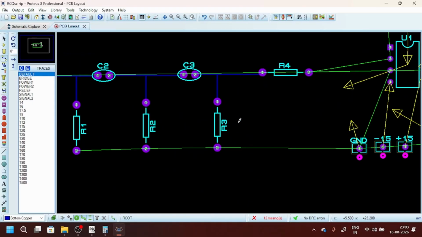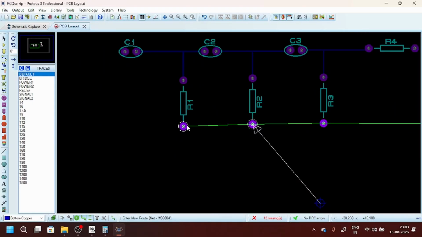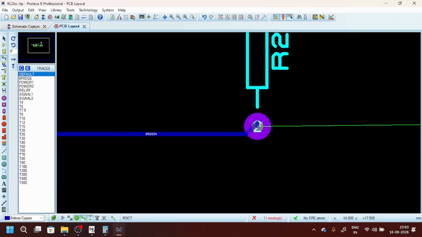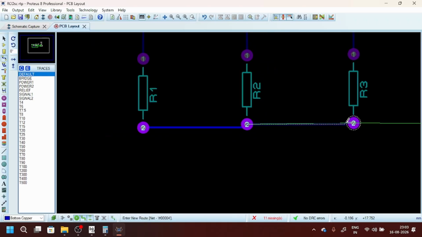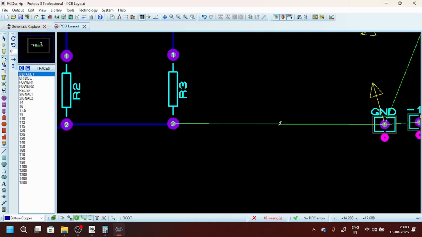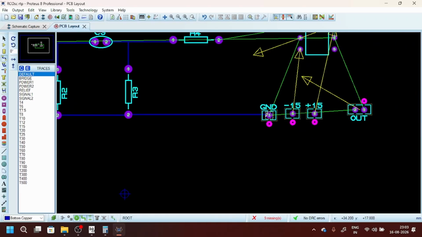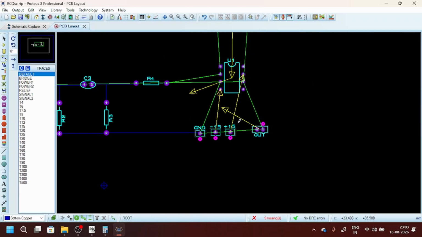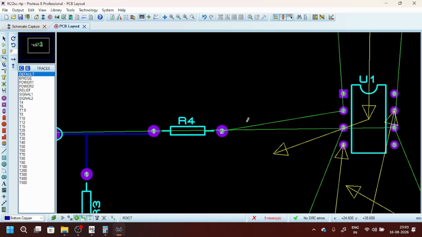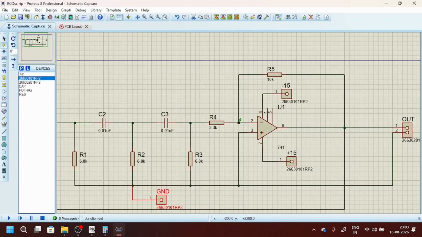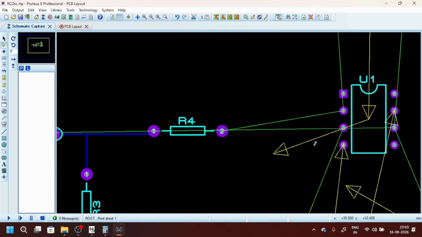Yes, finish. These three have to be connected to the ground. And the R4 is connected to pin number 2.